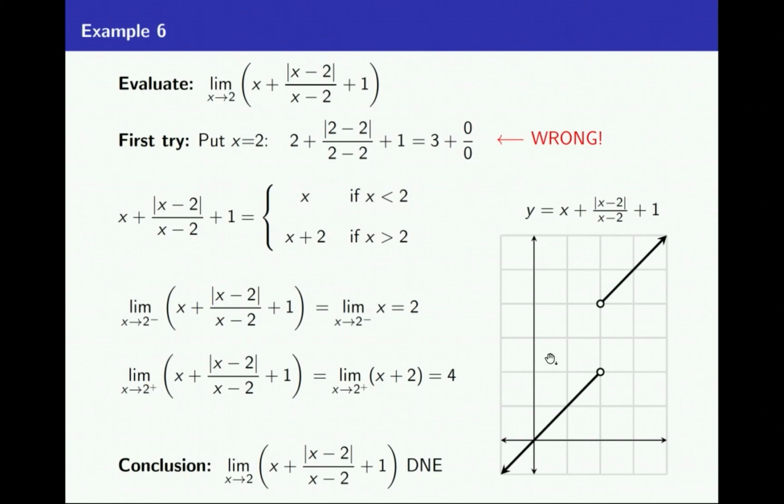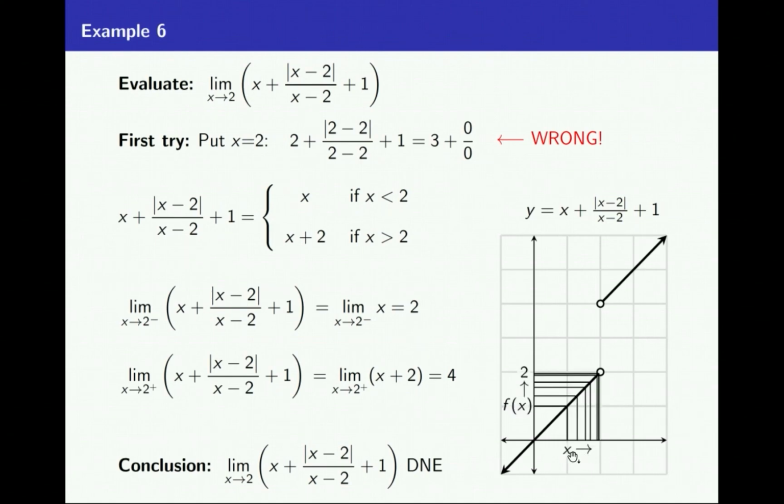So slope 1 and y-intercept 2 would be this line, but we only draw that line for values of x greater than 2. Whereas if x is less than 2, our function is just y equals x. So for these values of x less than 2, we graph y equals x, which is a straight line with slope 1 and y-intercept 0. So the graph of our function looks something like this. It has a break in it.